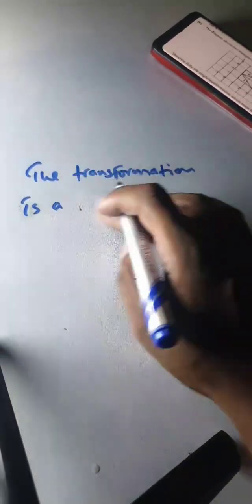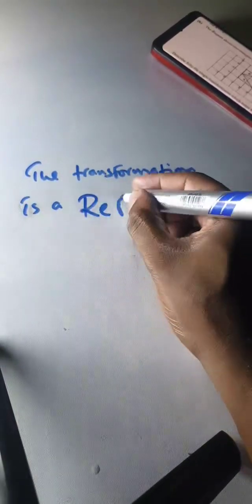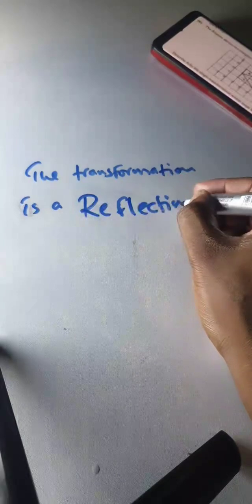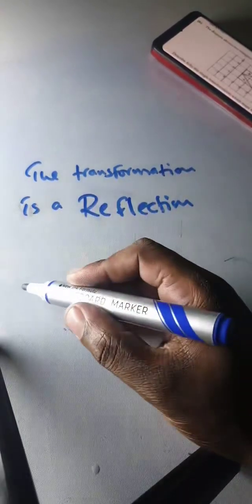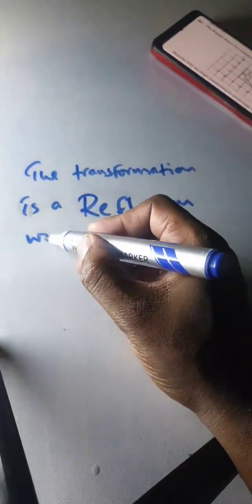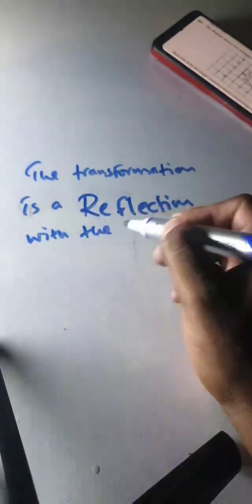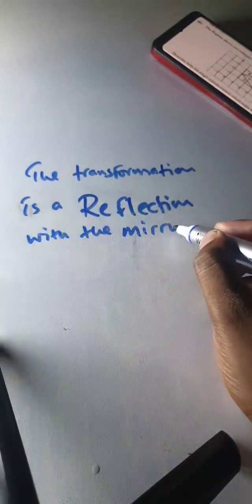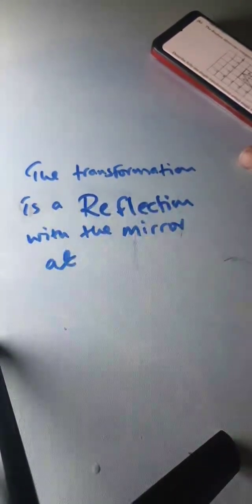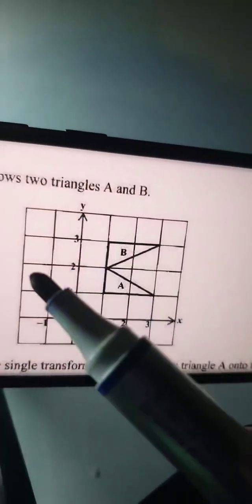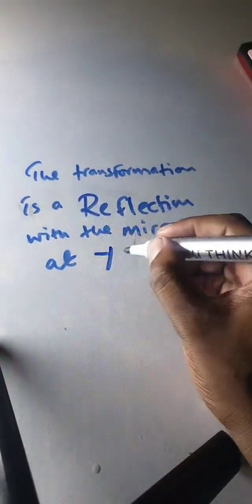It's a reflection with the mirror at, it's at what? In the y-axis at 2. All right, with the mirror at y equal to 2.